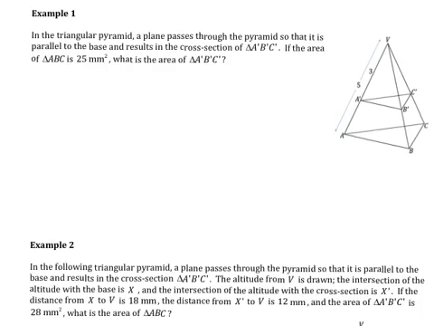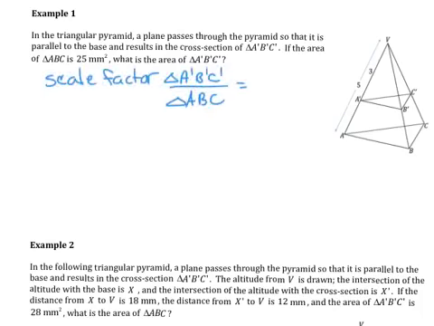Now, as I always said, when we do a scale factor, it's image over pre-image, because we have the area of the pre-image and we want to find the area of the image. So this scale factor is the ratio of the corresponding sides, and it's going to be 3 over 5. That means the scale factor of the area is going to be 3 over 5 squared.